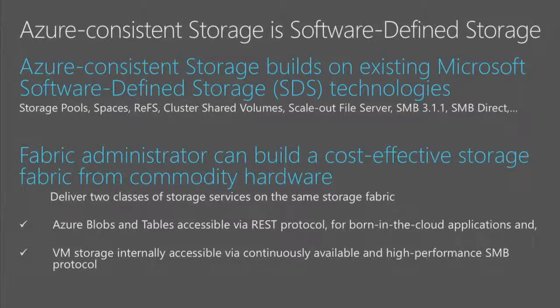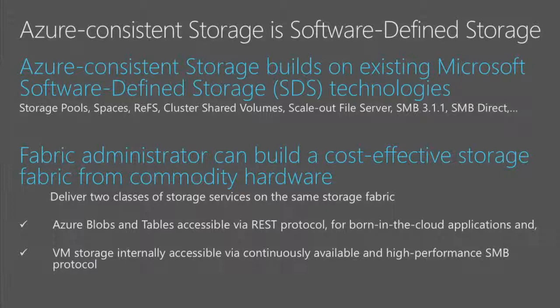And the cool thing here is this, right? The Fabric Administrator, with that one single cloud, the storage fabric, can actually provide two different kinds of services. One is the more traditional non-object storage, files and block kind of solutions.